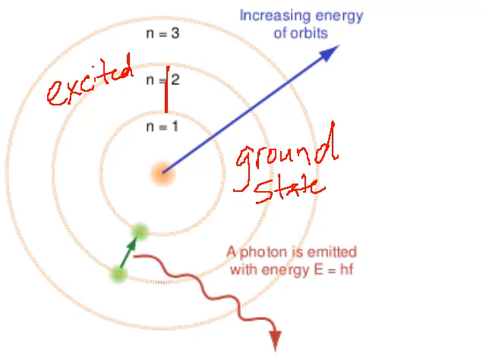If the energy of that light is equal to the energy difference between the orbits, that electron will go from one level to the other. So it'll go from n equals 1 to n equals 3.